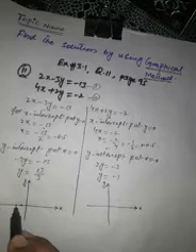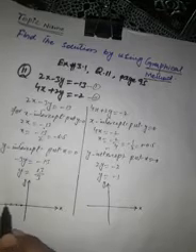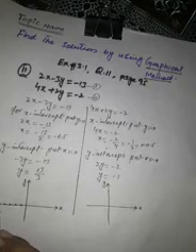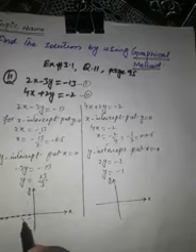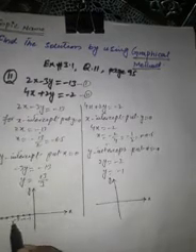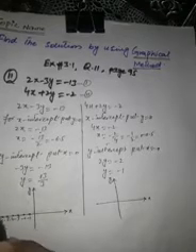I draw here points minus 1, minus 2, minus 3, minus 4, minus 5, and minus 6, and this is minus 6.5.